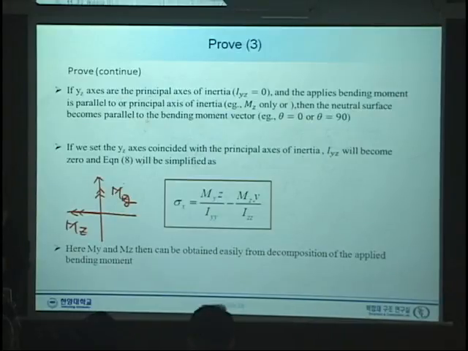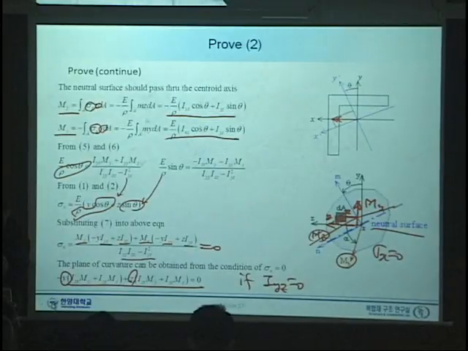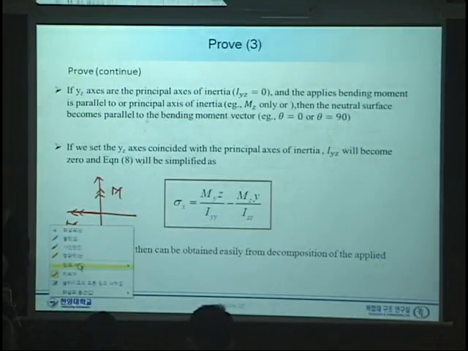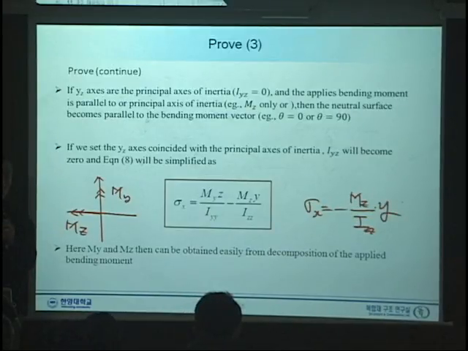And you remember that when we apply moment z, sigma x was simply minus moment z times y divided by I_zz. You remember this one, right? You certainly remember this one. And again, when we apply moment z here, the stress at a certain point here will be simply y times moment z over I_zz, right?